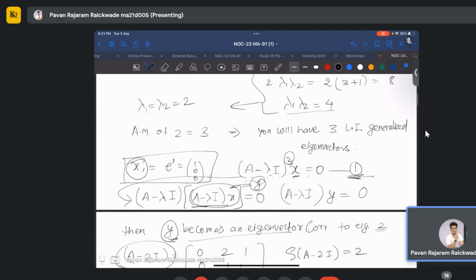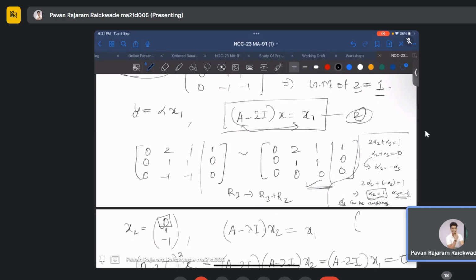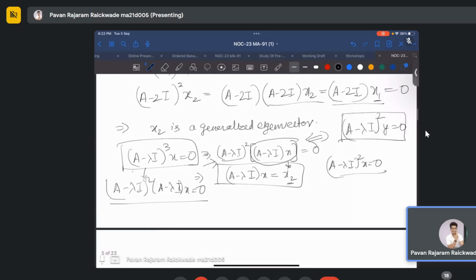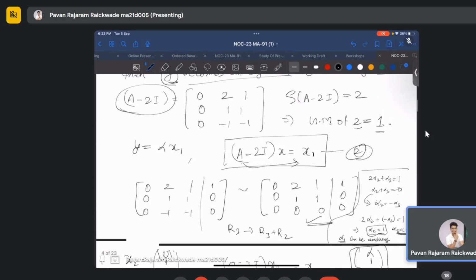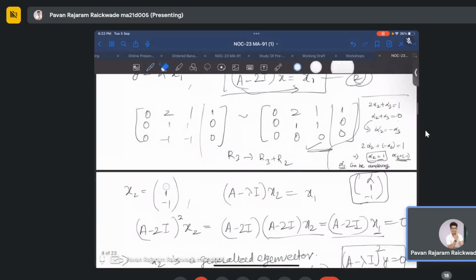Equation number 1, (A minus lambda I) squared x equals 0. What is the solution for this equation? Here, any vector of this form, alpha times (1, 0, 0) plus... right? So in particular, because in options we have the first coordinate as 1 everywhere, in place of 0 we'll choose 1 here.